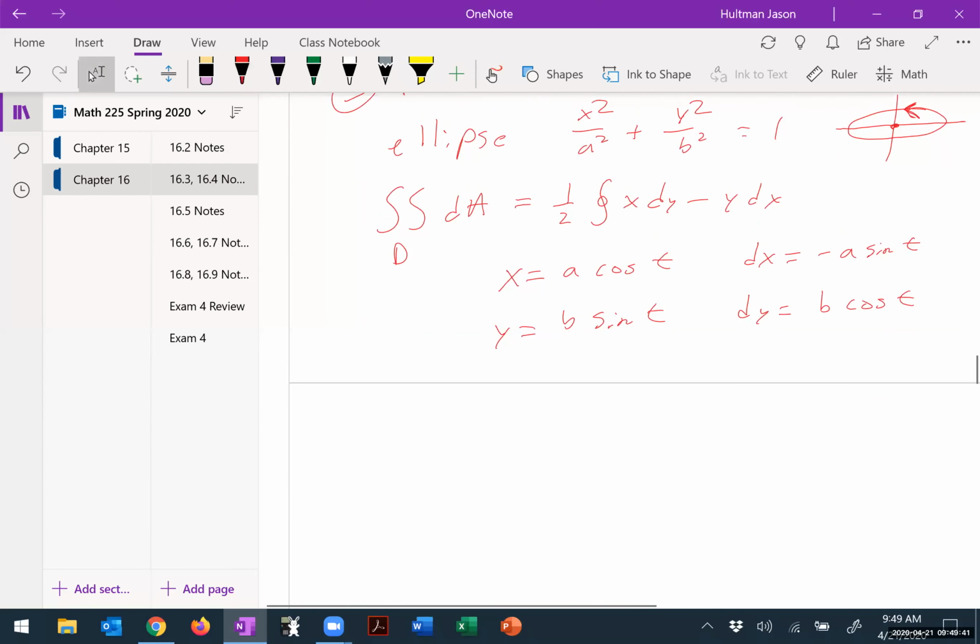Okay, so this equals 1/2 of the integral of x. Well, what is x? x is a cosine t times dy. Well, what's dy? dy is b cosine t, minus, well, what's y? y is b sine t times dx, which is negative a sine t, dt.